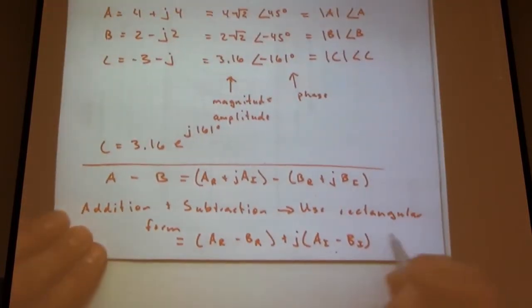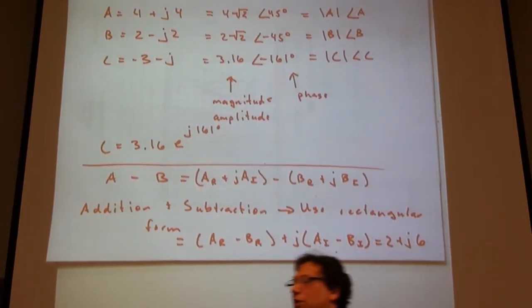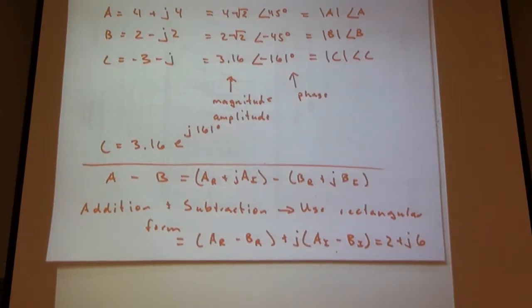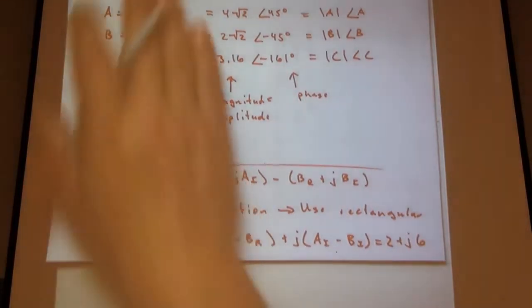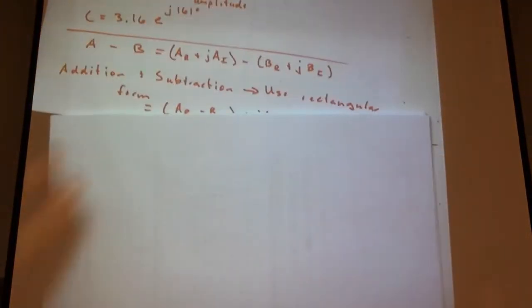If I do that math, we wind up with 2 plus J6. And so for addition and subtraction, you want to have the numbers in rectangular form. So if we knew the phasor form, we'd want to convert to rectangular form, back and forth to do addition and subtraction as needed. On the other hand, what if we're doing multiplication or division?